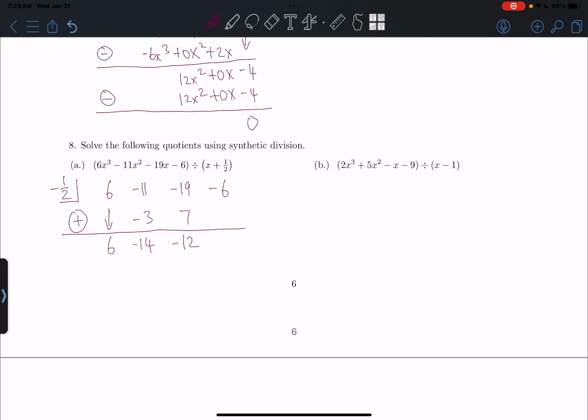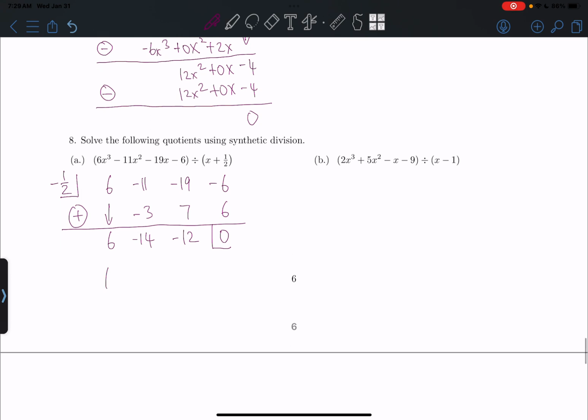Negative 1/2 times negative 12 is positive 6. Negative 6 plus positive 6 equals 0. So my remainder is 0. And the way you incorporate that is you lose one power per each column. So at this point, we just have 6x squared minus 14x minus 12. That's your final answer.